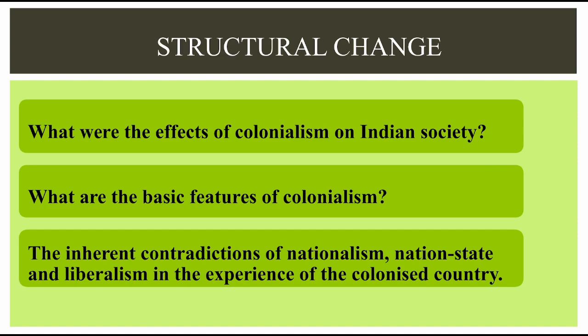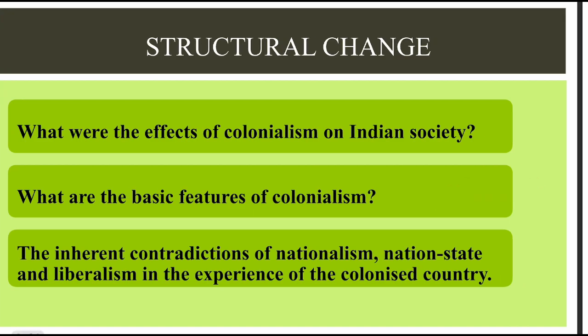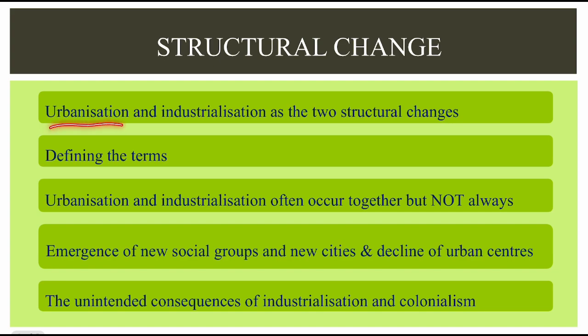The ideology of sovereignty, liberalism, democratic rights was only applicable for the Western colonial rulers. The colonies, among them India, were quick to pick up this contradiction and thus initiate the struggle for their freedom and independence. So now let's move on to urbanization and industrialization.